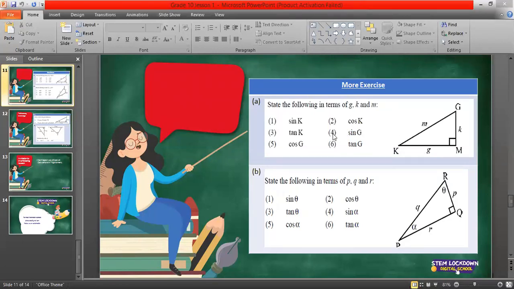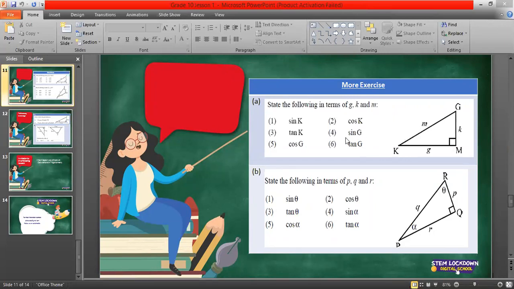Question 4 now. Determine sine G. So we're looking at this as our angle now. Because we're regarding this as an angle, automatically the small baby g is our opposite side, and this is our adjacent side, and M is always our hypotenuse.